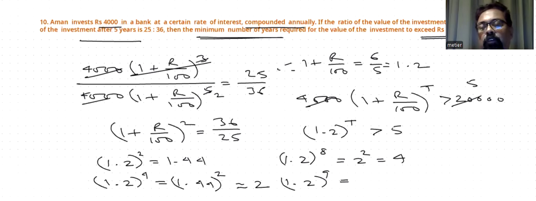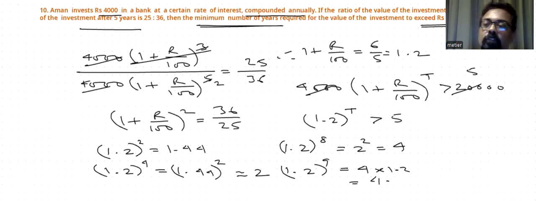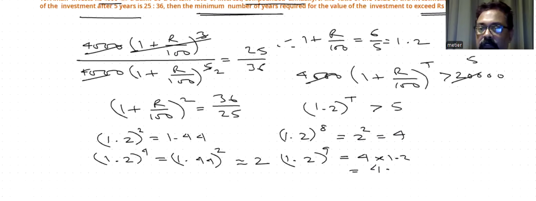So 1.2 whole to the power 9 is 4 into 1.2, which is 4.8. We are very close to 5. Right?